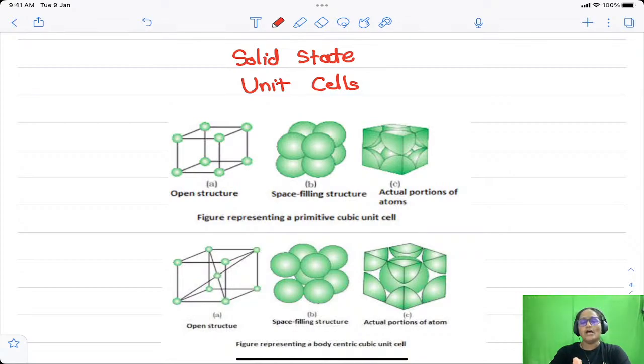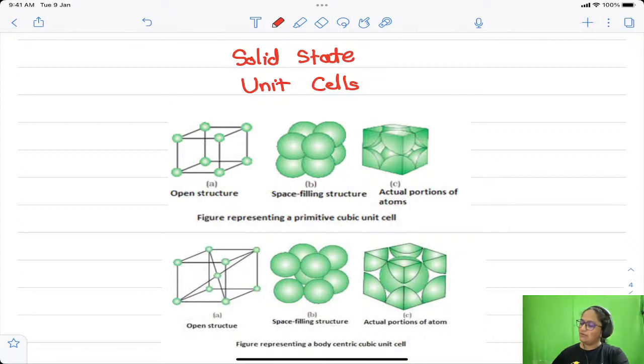Based on this incorporation of new things, not a simple room at all, the whole crystal structure will be different, right? Now I am going to show you three such different types of unit cells one by one.